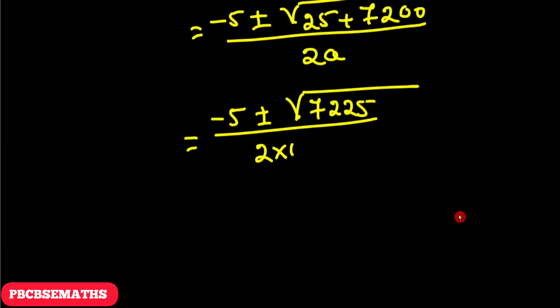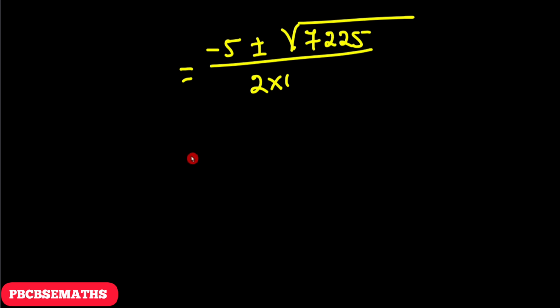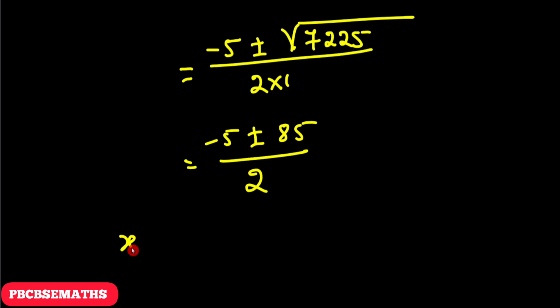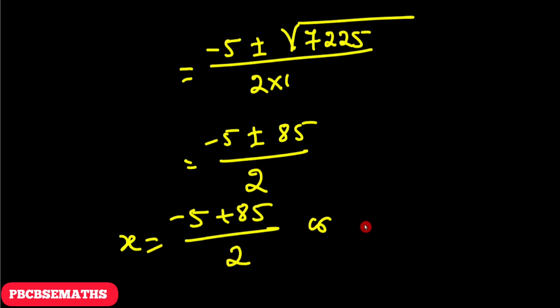Now we can write minus 5 plus or minus square root of 7225. It is the square root of 85, divided by 2. Now we have the value of x as minus 5 plus 85 by 2, or x equals minus 5 minus 85 by 2.